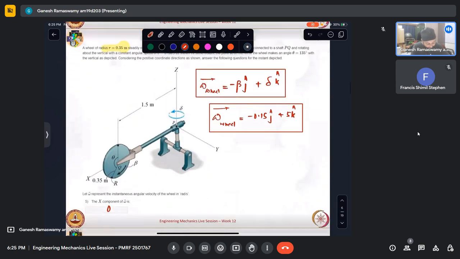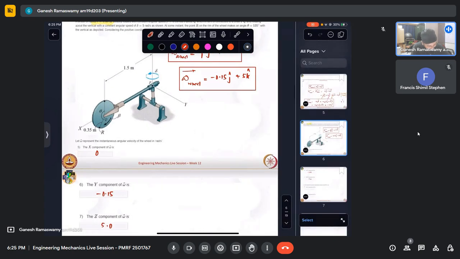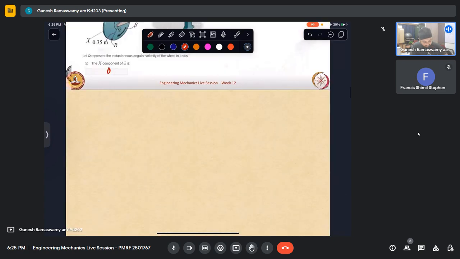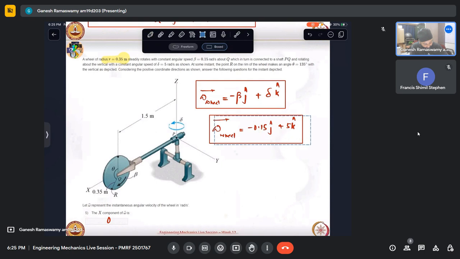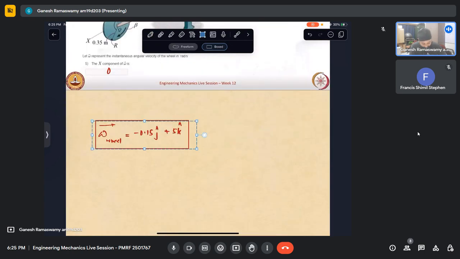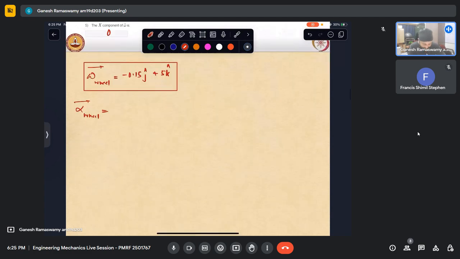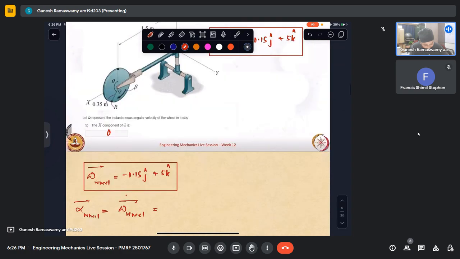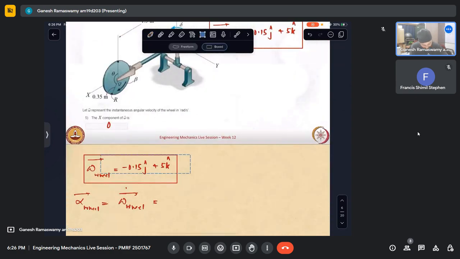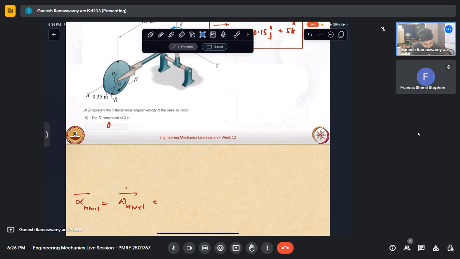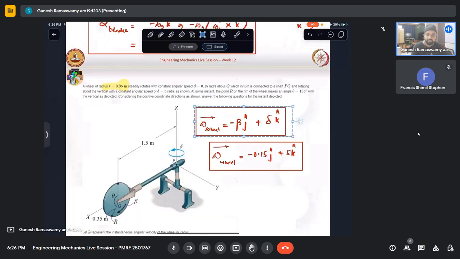Okay. So if we have the angular velocity vector, can we calculate the angular acceleration also? If we have the instantaneous angular velocity, so alpha of the wheel, we know it is omega of the wheel dot. Let me represent it in this form instead of numbers, because when we write numbers, we automatically consider them as constants.